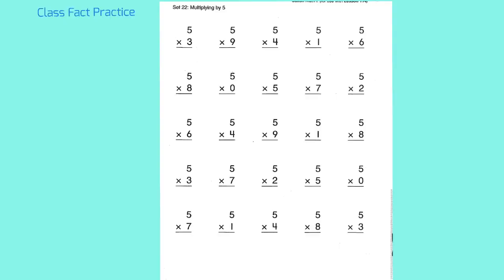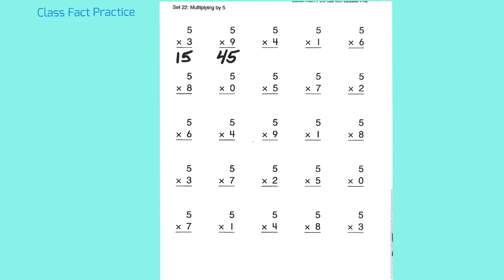All right, so this is our class fact practice. We're going to go ahead and do that together. Everyone, get ready. 5 times 3 equals 15. Good. 5 times 9 equals 45.